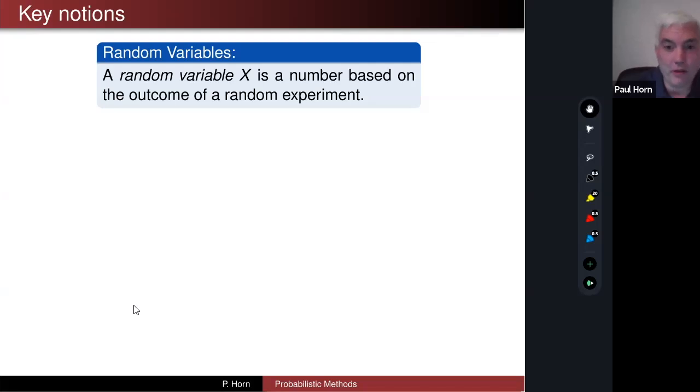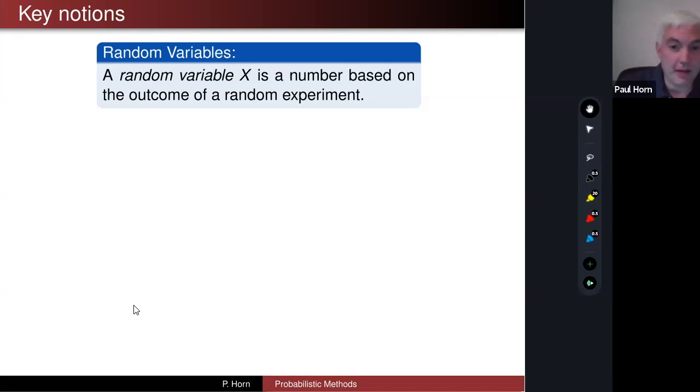And often what I'm interested in is some quantity that I get from the graph itself. That's often numerical, perhaps a graph parameter. And that's what we might call a random variable. It's just a number based on an experiment. So if you want a really simple example to keep in mind, you could imagine flipping a fair coin 100 times. Well, how many heads do you get? Okay, that's a random number.